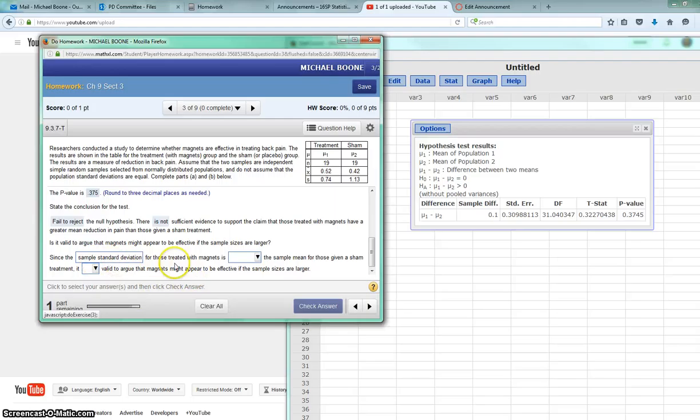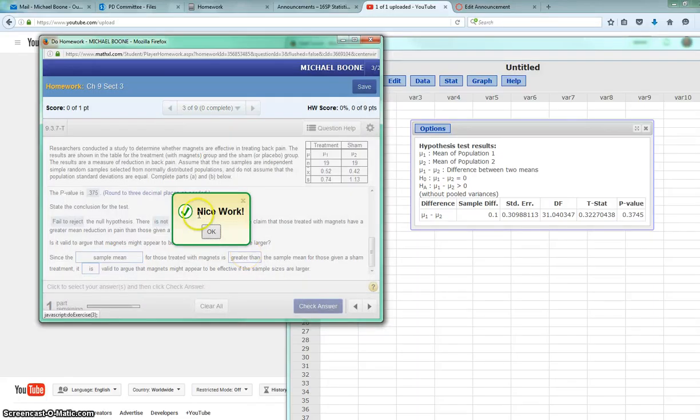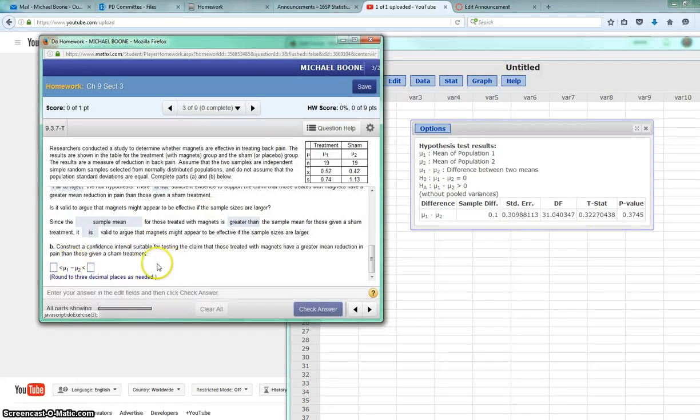Since the sample standard deviation for those treated with magnets is greater than the sample given a sham treatment, it is valid to argue that magnets might appear to be more effective if the sample sizes are larger. So this is looking at sample sizes. Let's check that. Good. That was hard to read.